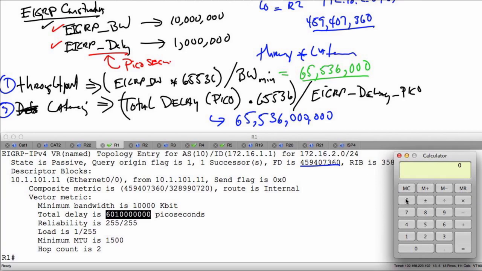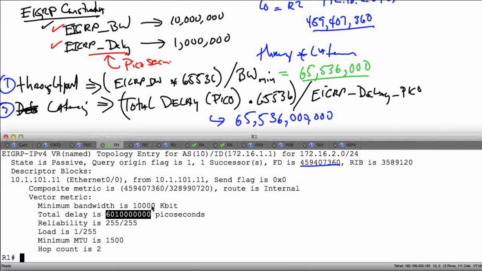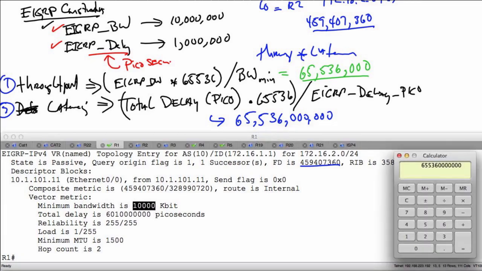Let's double check our math here. We have our EIGRP_bandwidth, which is 10 million, times 65536, divided by my minimum bandwidth, which was 10,000 kilobits.